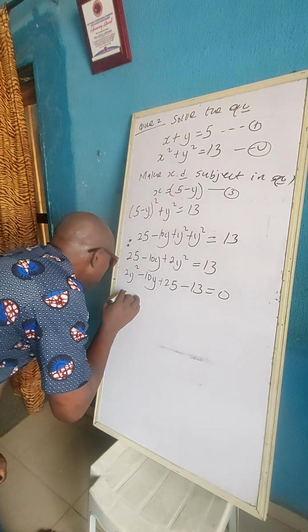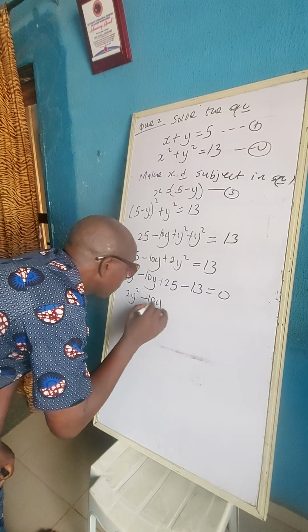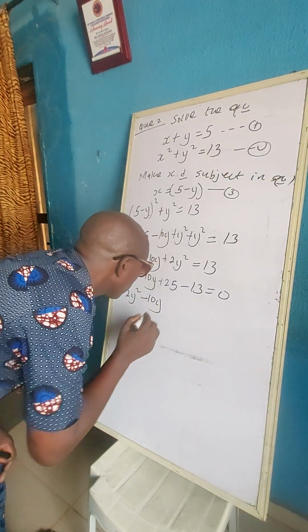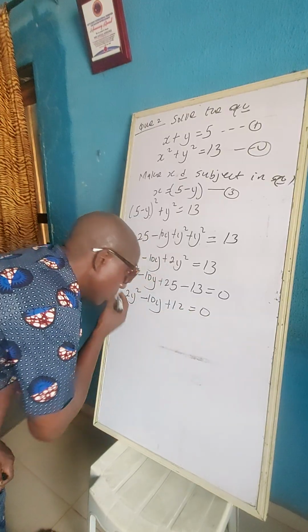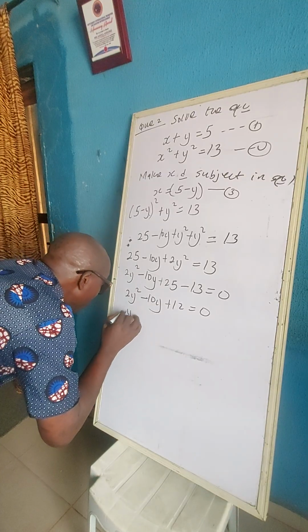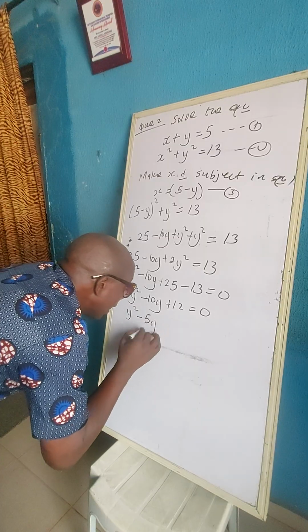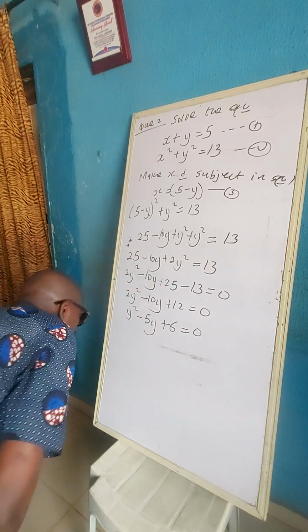It becomes 2y squared minus 10y plus 12 equal to 0. Divide by 2: y squared minus 5y plus 6 equal to 0.